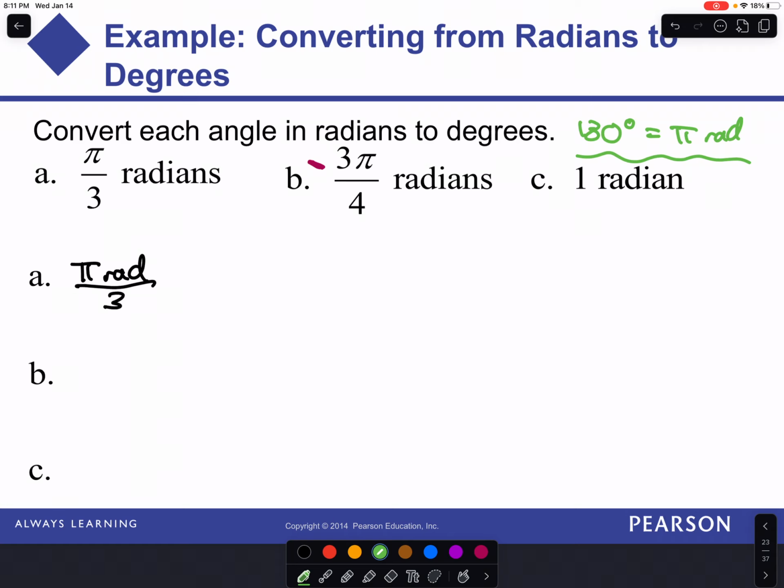So because radians are on top, radians need to be on bottom. So pi radians under 180 degrees. The units of radians are going to cancel. Something divided by itself is 1. And that looks like it's 60 degrees.